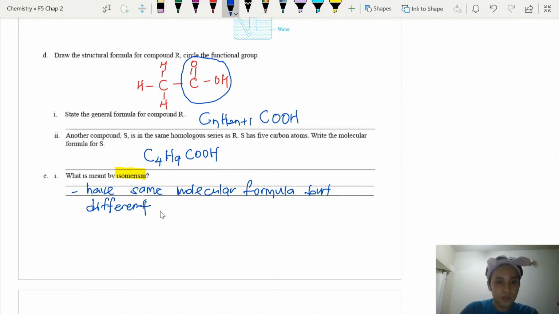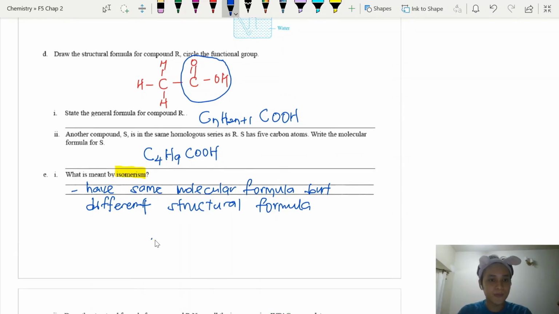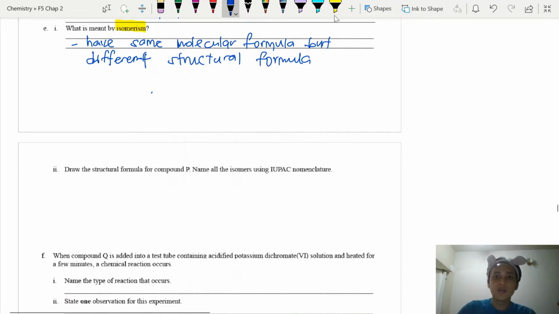Normally when they ask about isomers, I know that they're going to ask me to draw. So you see, it's always related. Draw the structural formula for compound P. Name all isomers using IUPAC.